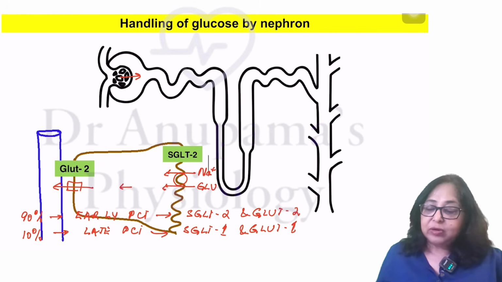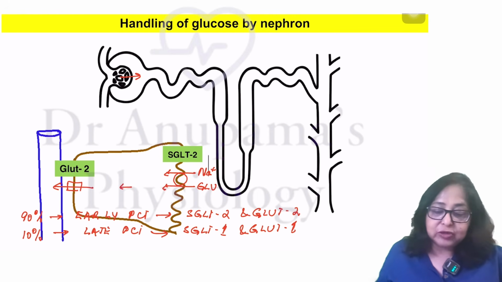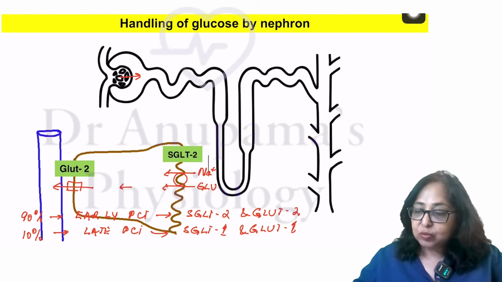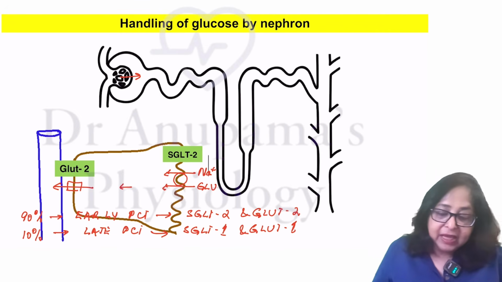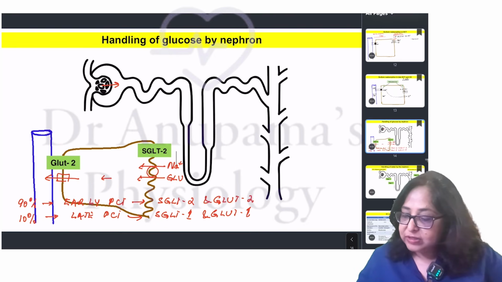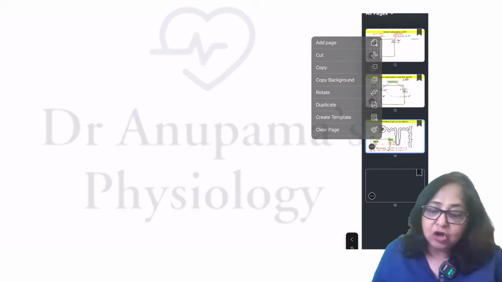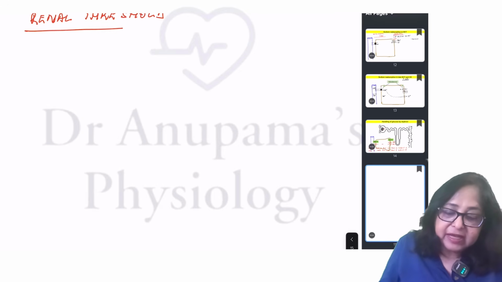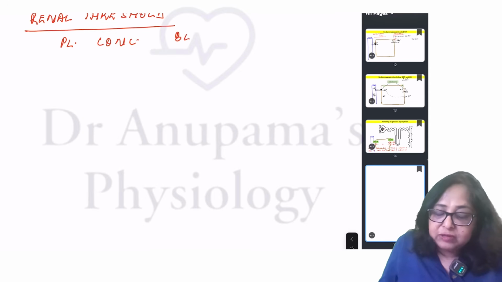Now, there are 2 important terms for glucose absorption. Number 1 is what is known as the renal threshold. What is renal threshold? Renal threshold is the plasma concentration beyond which glucose begins to appear in the urine.